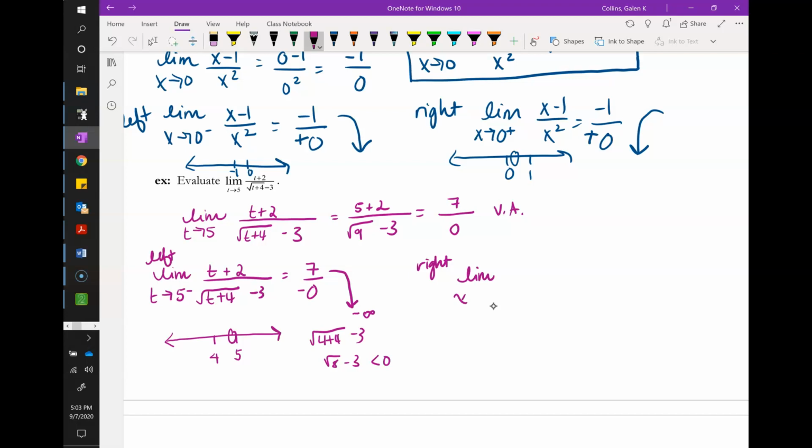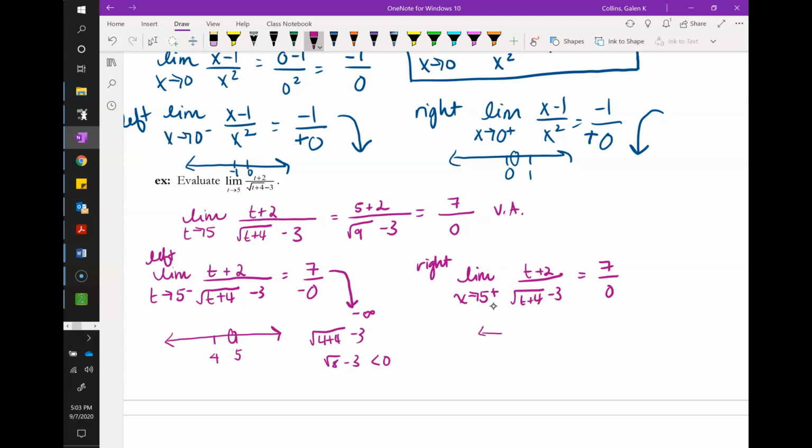All right, so the limit, we're going to have t approaching 5 from the right on the number line. It's still t plus 2 over the square root of t plus 4, all that minus 3. We're going to keep our 7 over 0. We're not trying to do anything with that numerator.